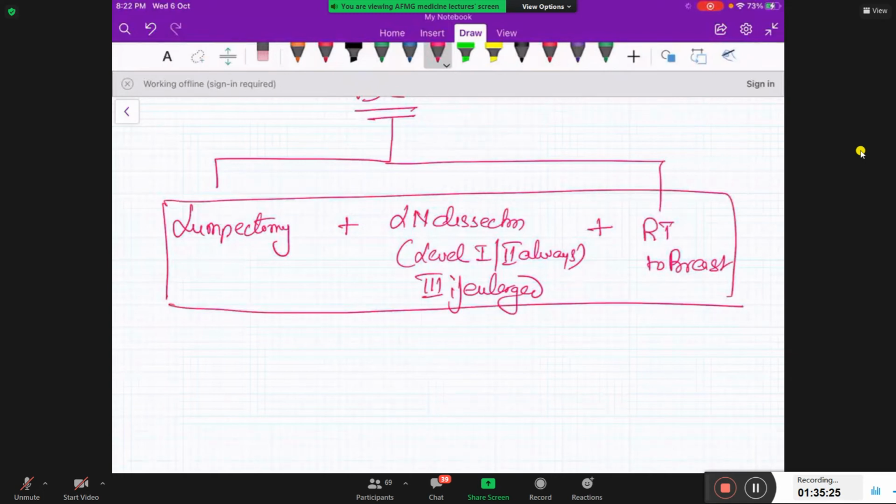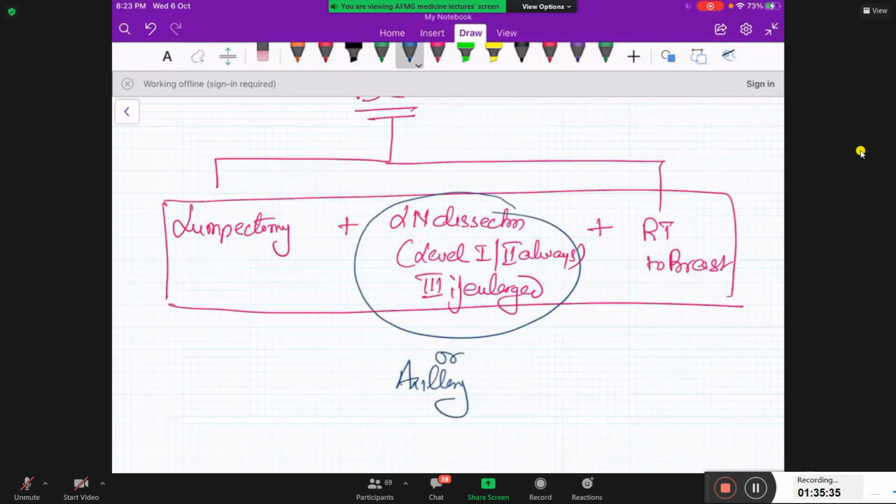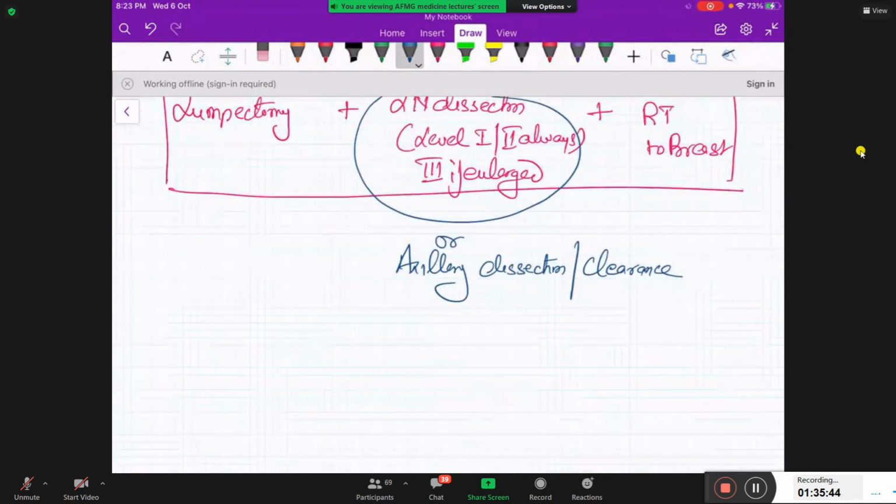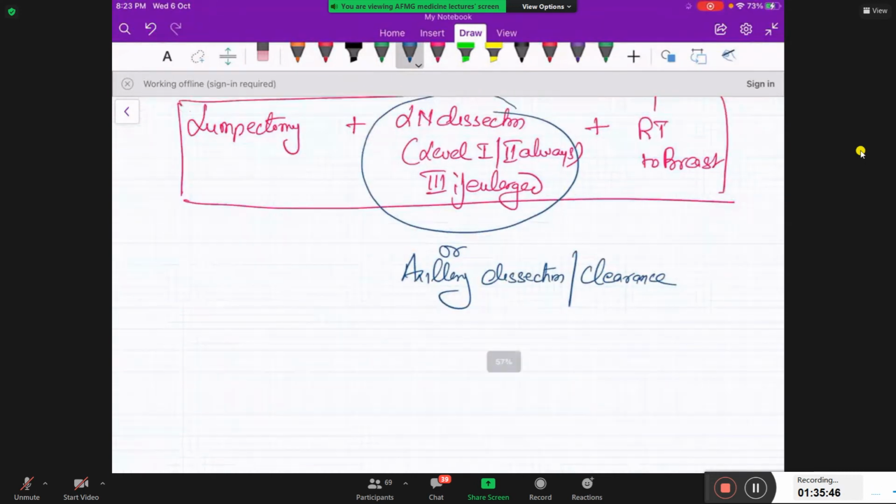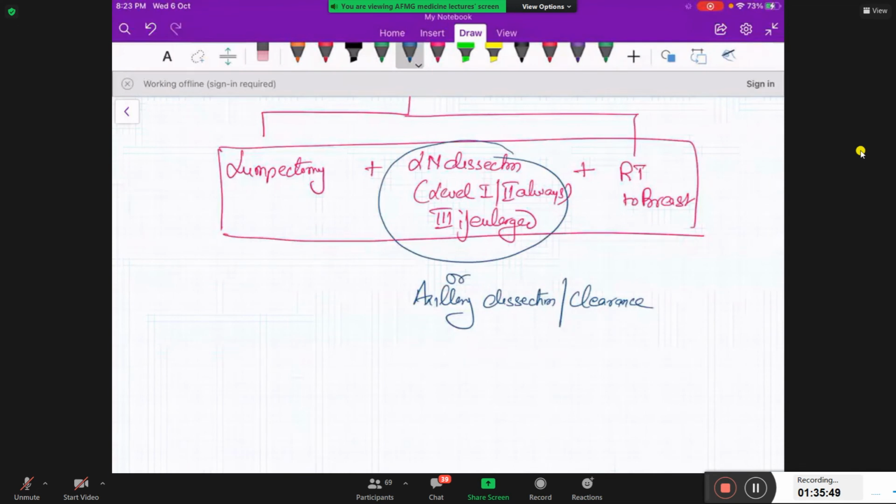The combo of these three things is called BCT. Now, this lymph node dissection, one should know, is also called axillary dissection or clearance.